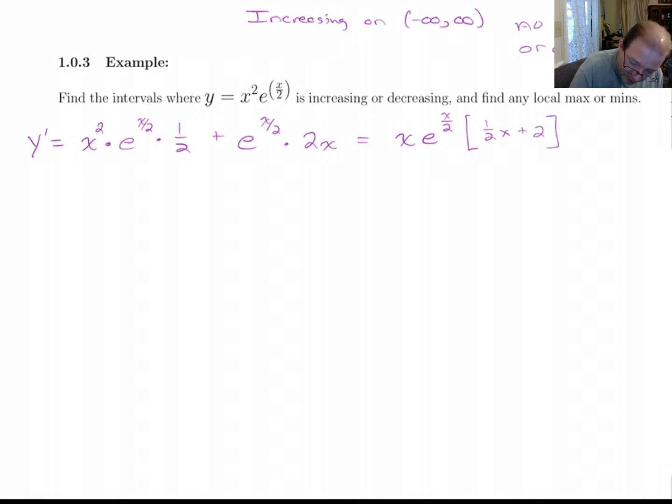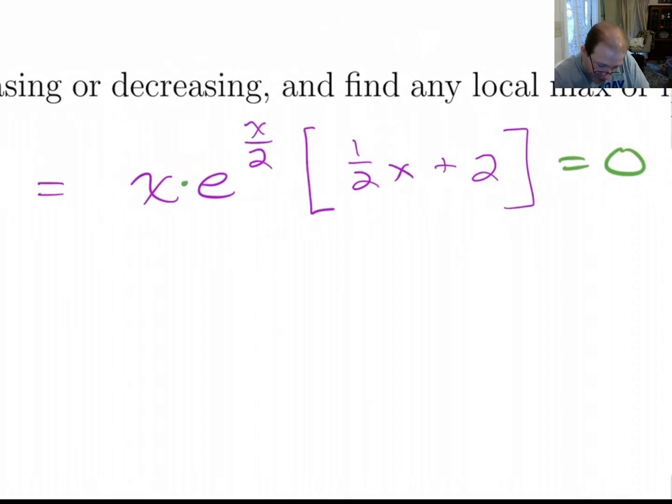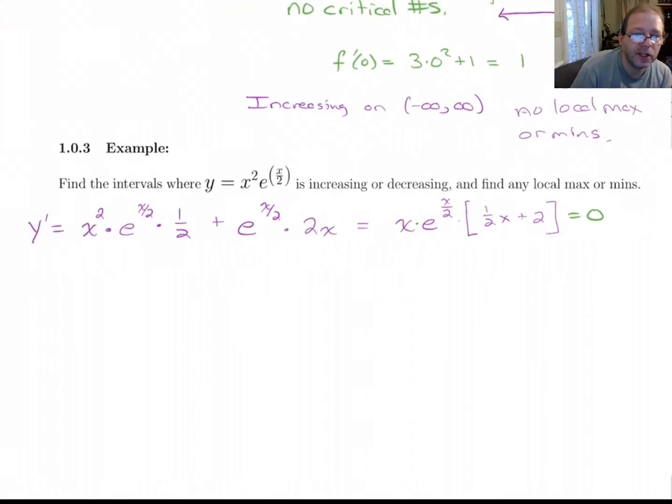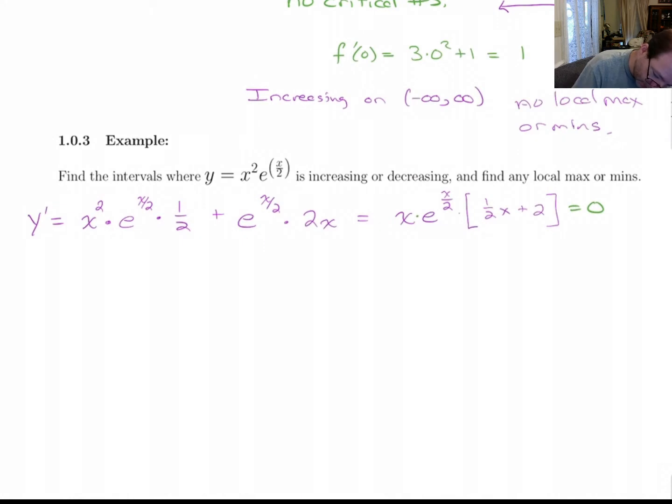So I'll take this thing and set it equal to 0. Now, we've got three things multiplied together here. We've got x times e to the x over 2 times that. So you set each one of these equal to 0, you get x equals 0, you get e to the x over 2 equals 0, and you get 1/2 x plus 2 equals 0.